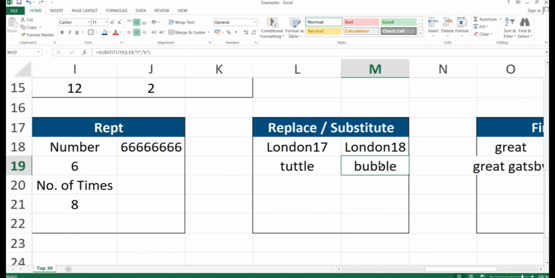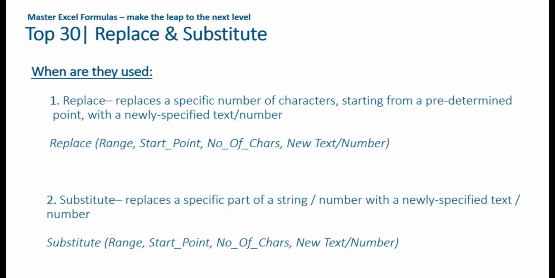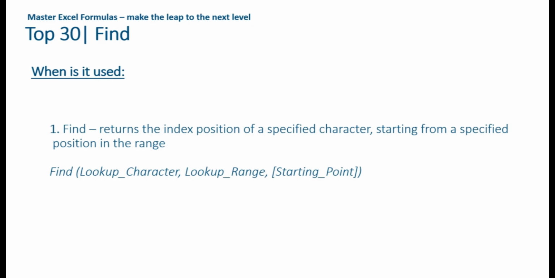Okay, now going back to the presentation, the next formula is find. A very interesting formula, and what it does is it returns the index position of a specific character starting from a specified position in the range.